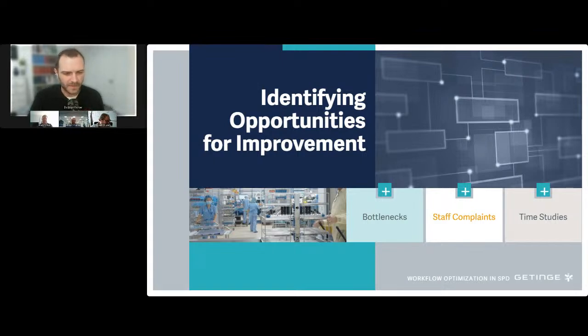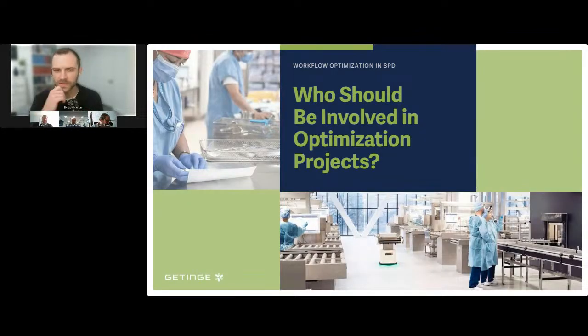Along those lines, as we're thinking about optimization projects, and we've identified what our problem is, and we want to start creating some ideas about how to make things better, I want to ask the question, who ought to be involved in that? This is kind of the stereotypical problem of inventing a solution without involving the right people.